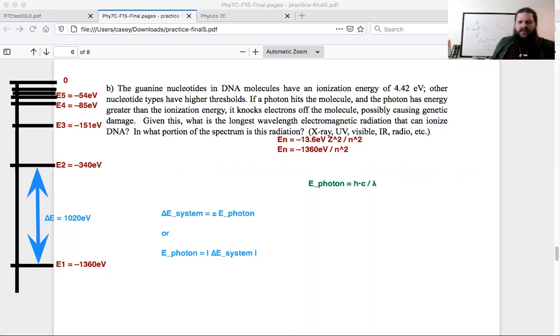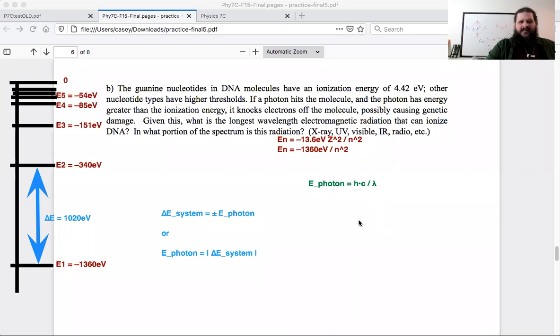And in this case, we know the energy the photon needs to have. If the photon has 4.42 electron volts or more, then it's going to be able to ionize the molecule. So let's set the energy of the photon equal to 4.42 electron volts. And then we want to solve for lambda.